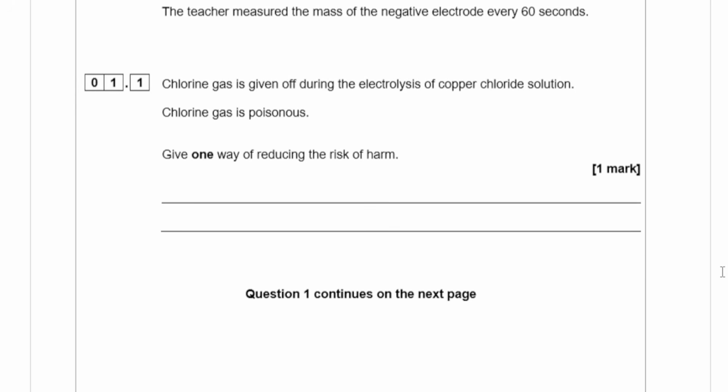Chlorine gas is given off during the electrolysis of copper chloride solution. Chlorine gas is poisonous. Give one way to reduce the risk of harm. Do the experiment in a fume cupboard, because we're talking about a teacher.